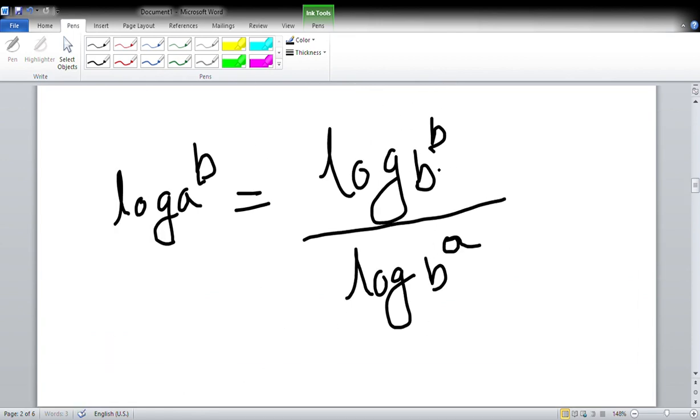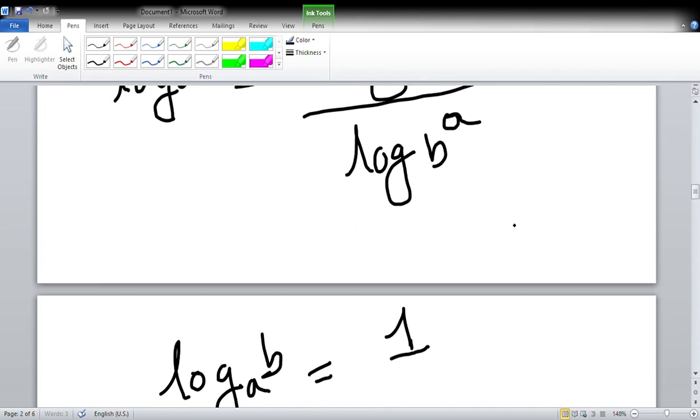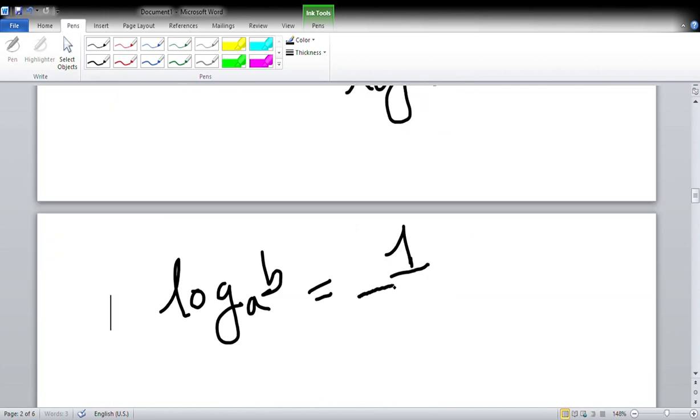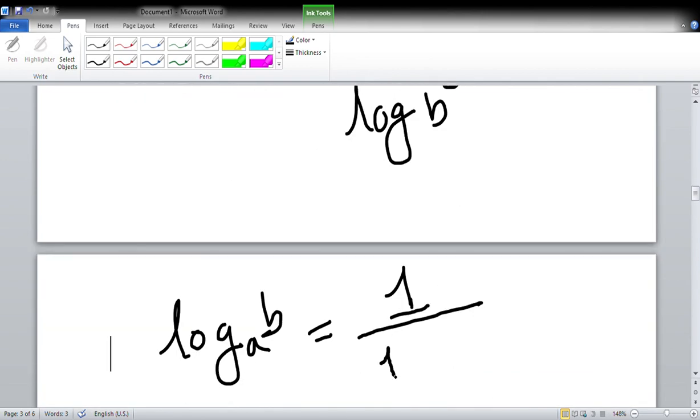Log b with the base b. If the base and number are the same in any log, as you have already studied in the previous chapter, this will be 1, right? So why? Already you have studied it in the previous chapter of the log, right?